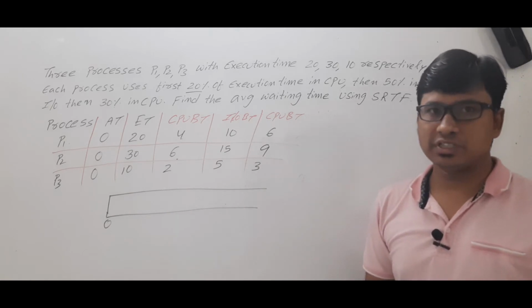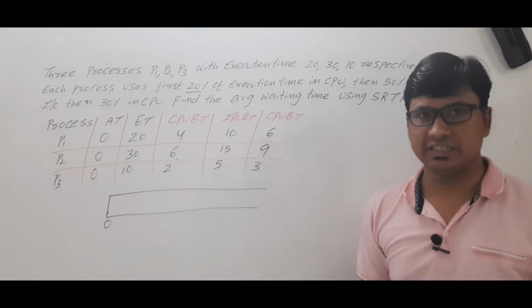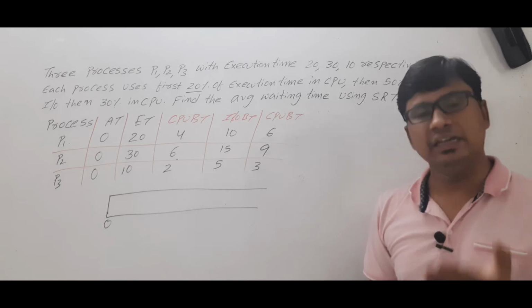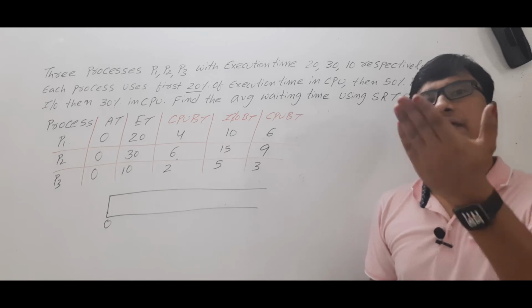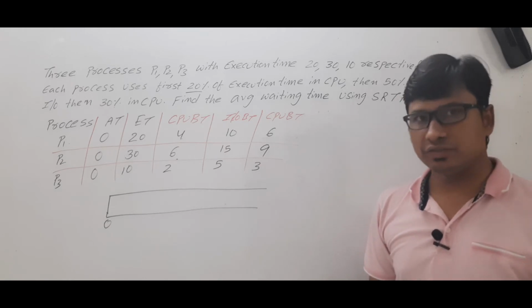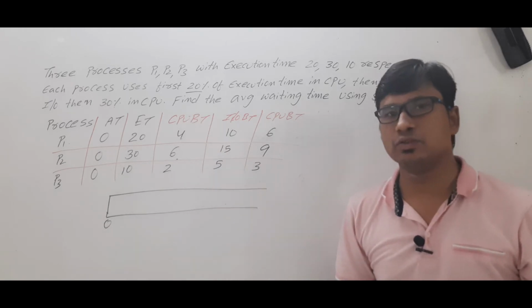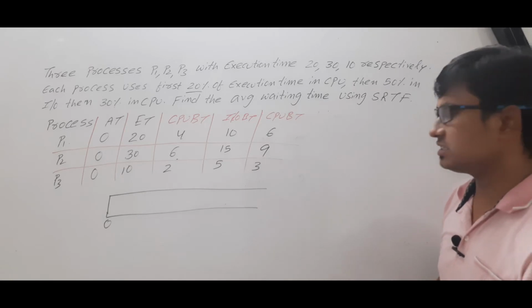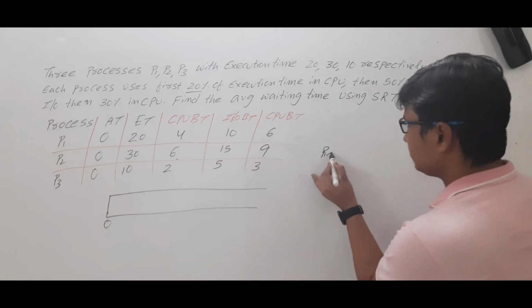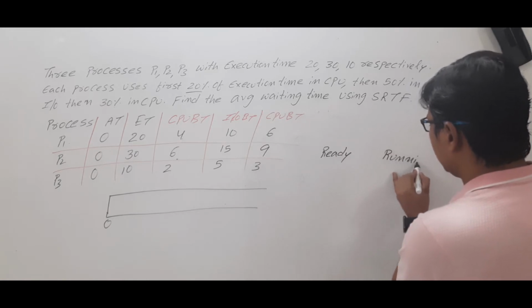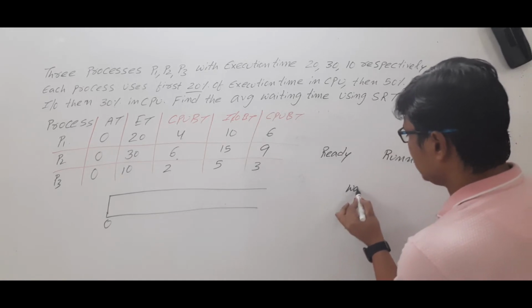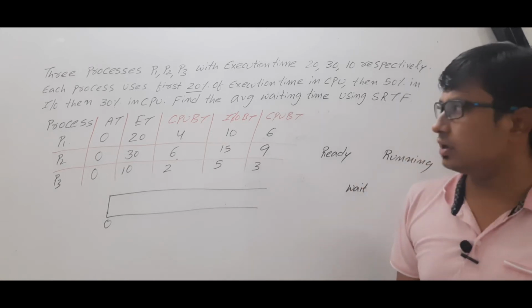In a process state diagram, we have 7 states: new, ready, running, terminated, wait, suspended wait and suspended ready. Out of these 7 states, to make you understand this concept, I will use 3 states: ready, running and wait. Is it clear for you or not?